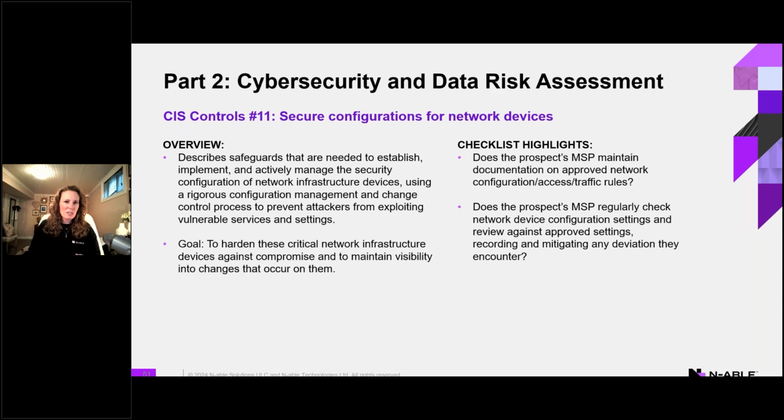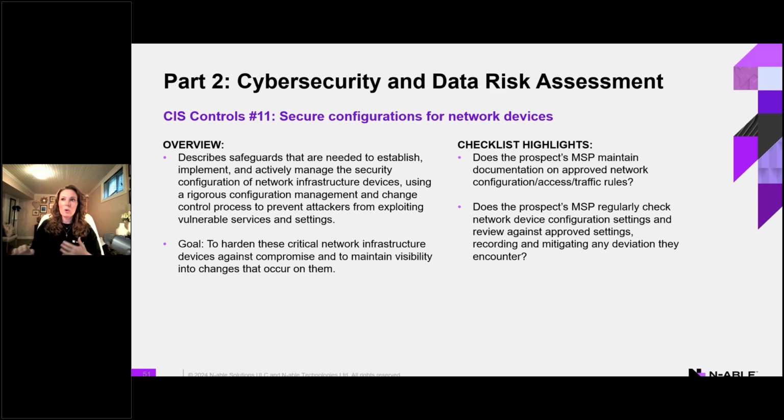There are 7 sections to this particular control, but at a high level, number 11 really focuses on describing the safeguards that are needed to establish, implement, and actively manage, so again, tracking, reporting, correcting, the security configuration of network infrastructure devices using a change management, change control process, in order to prevent attackers from exploiting vulnerable services and settings.